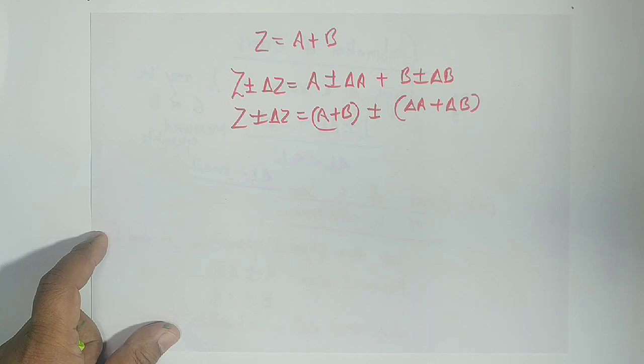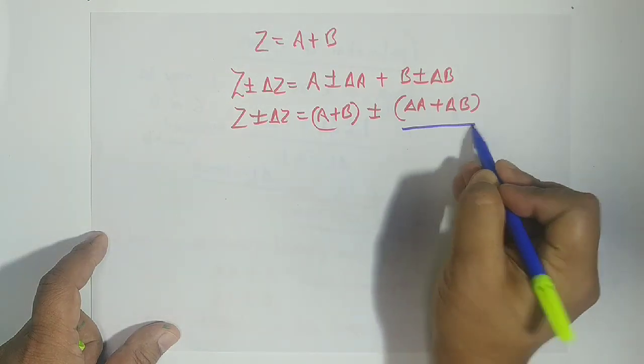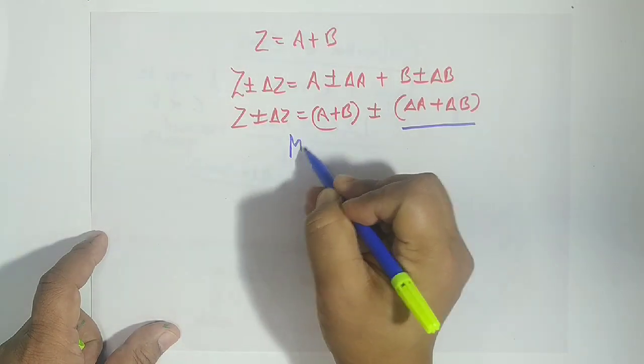So what we see is the error value addition.